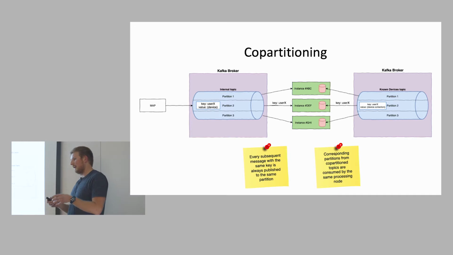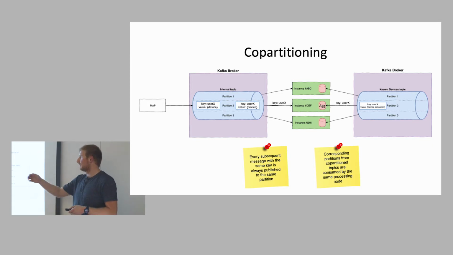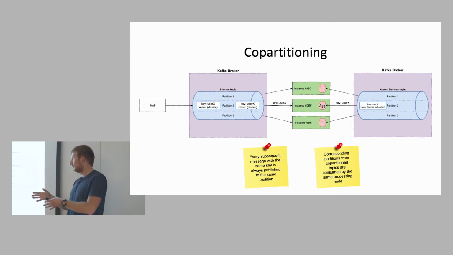So we have just achieved this nice feature of data locality. We put an aggregate here, and when a subsequent message is coming to the topic on the left, it will also flow into the same instance.